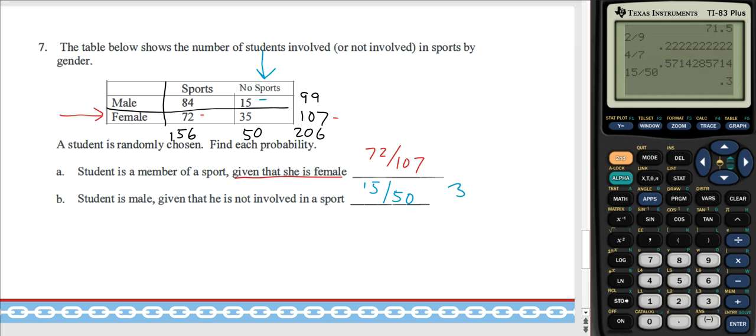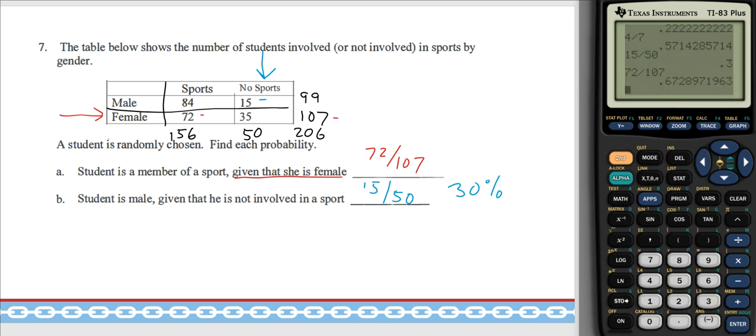So this would be 30% here. And for question A, the 72 out of 107, 67% chance there. Okay, so there's the two-way table.